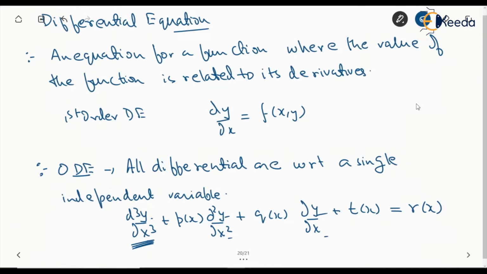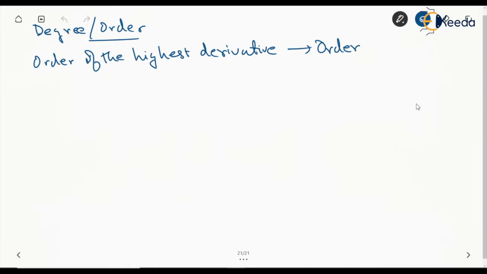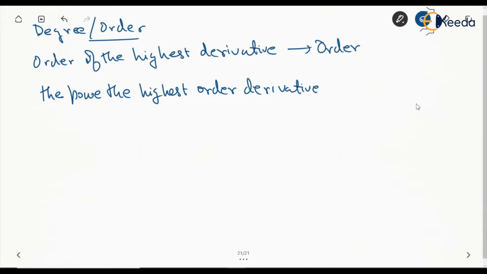So in that case, we can say the highest order derivative we have in this equation is the order of the equation, and the power the highest order derivative is raised to is the degree. Like in the previous example, we have a third order derivative, but the power it is raised to is 1, so the degree will become 1.